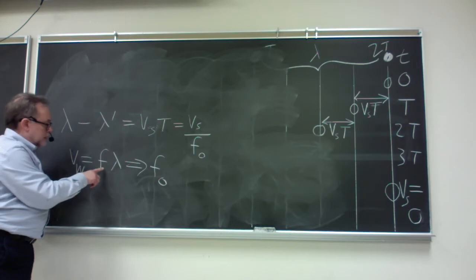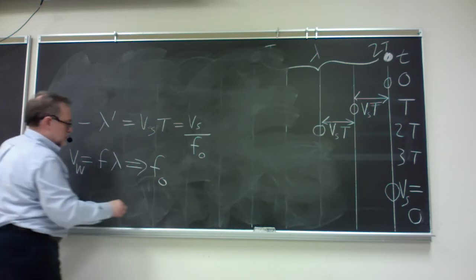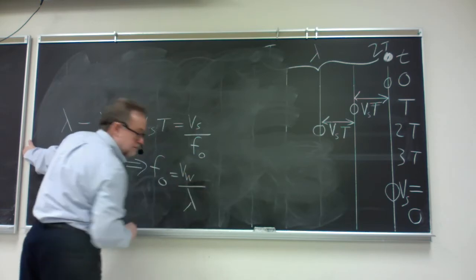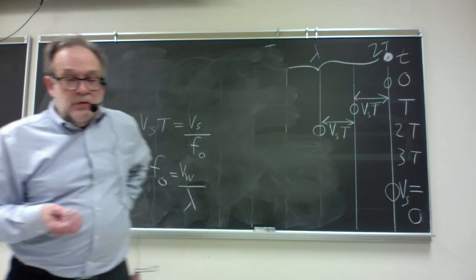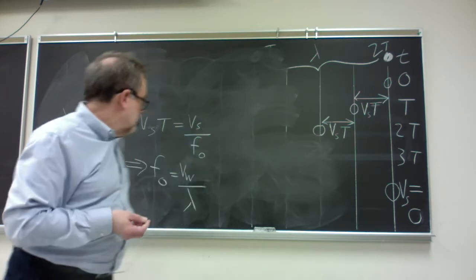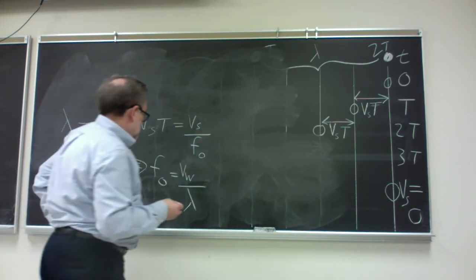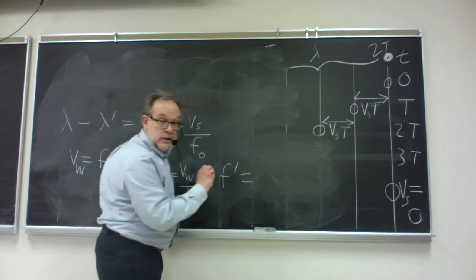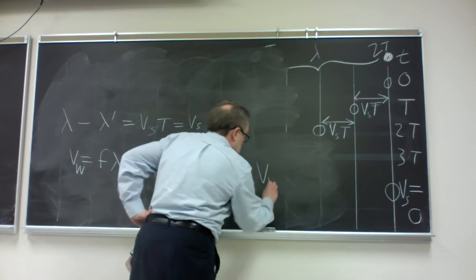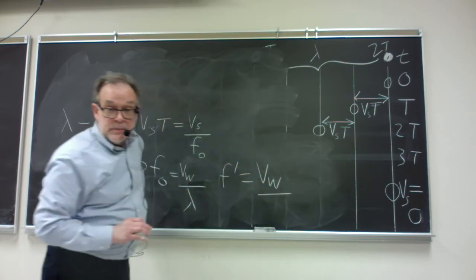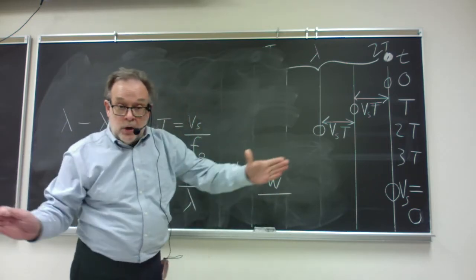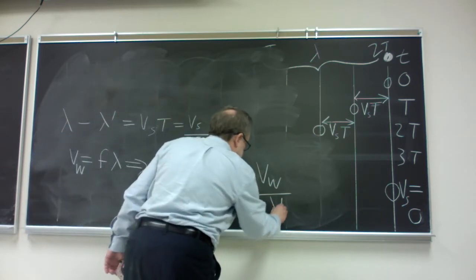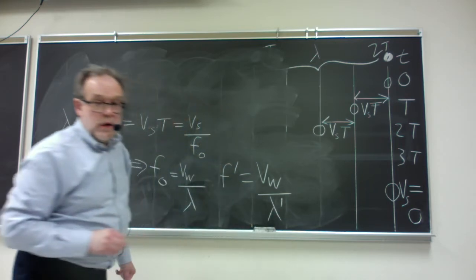This equation could relate either the frequency of the source, the wave speed, and the wavelength that you get if the source is stationary, or it could just as easily relate to the different frequency that you get when those pulses traveling at the same speed, the same V_W, are now closer together with that smaller wavelength that I call wavelength prime.